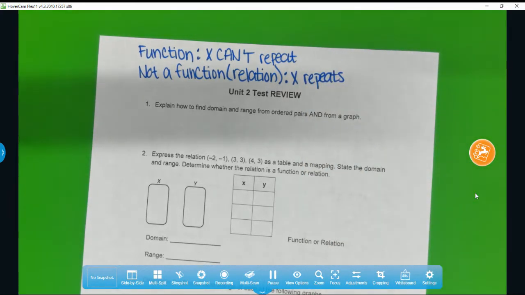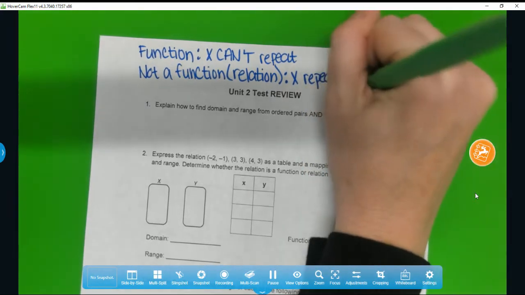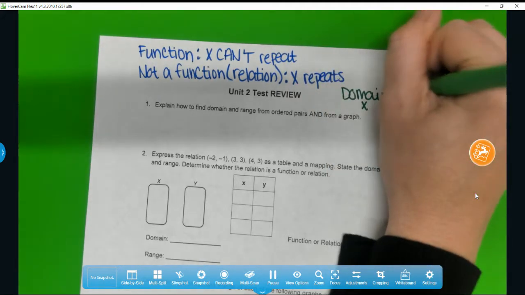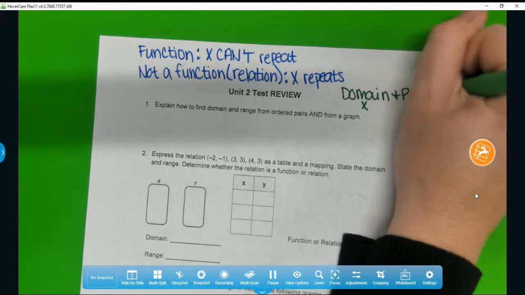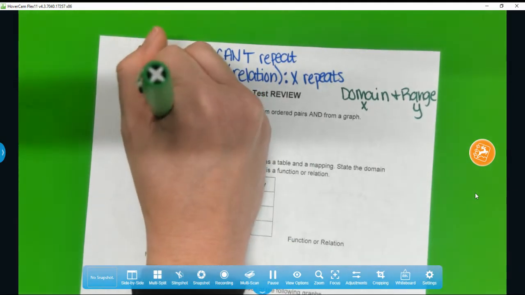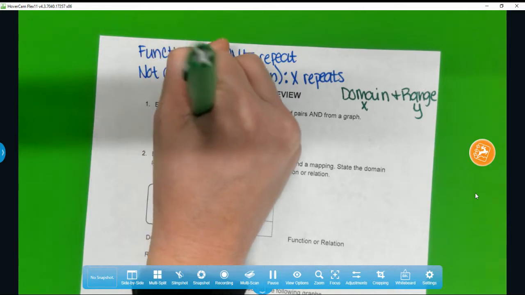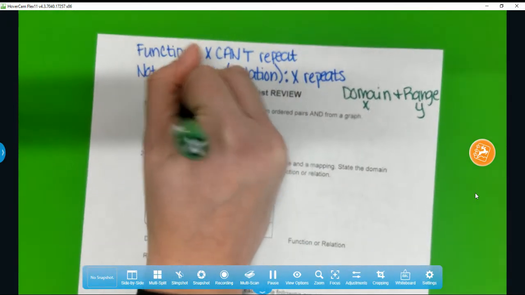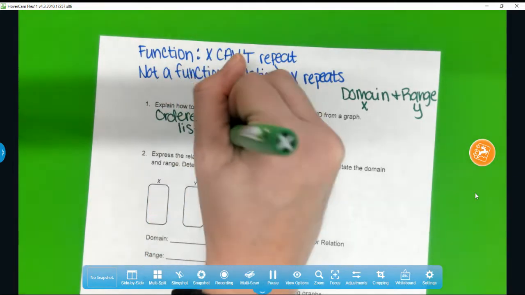And we have also covered domain, which is your x's, and range, which is your y values. All right, so how to find domain and range from ordered pairs. So if it's ordered pairs, it's just a list of numbers.